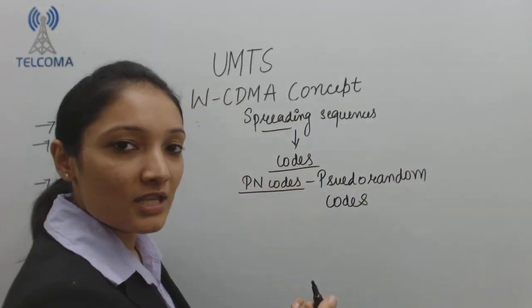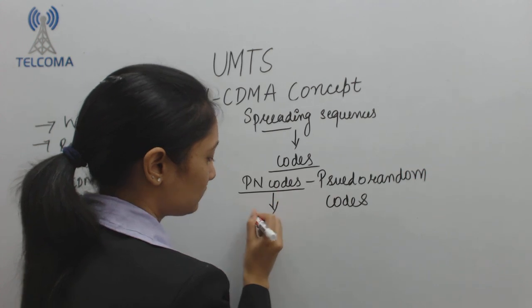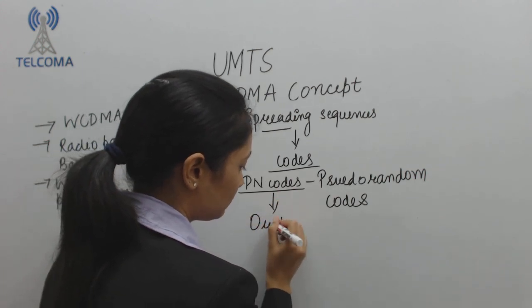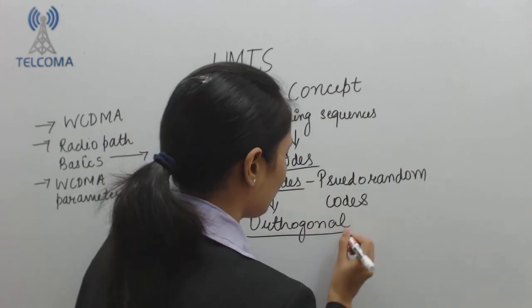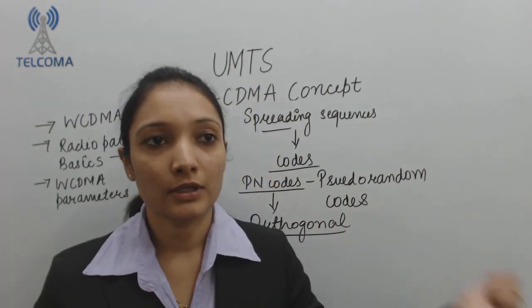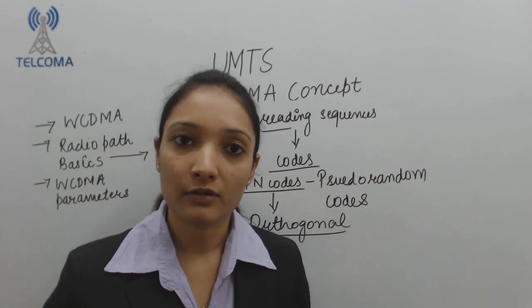These codes have a property that they are orthogonal in nature. That means they have zero cross correlation to each other. They won't interfere with each other.